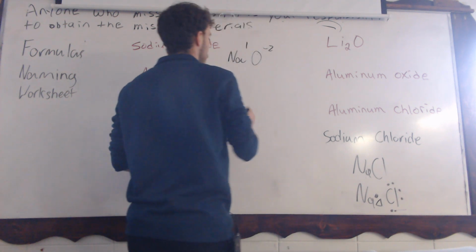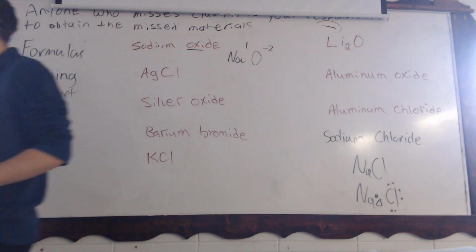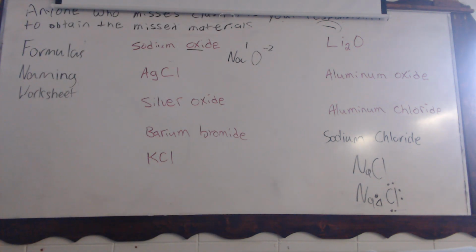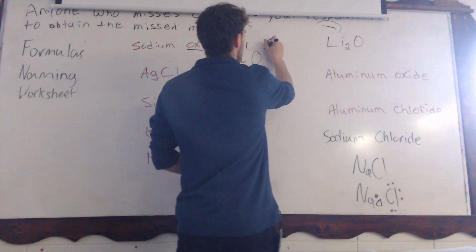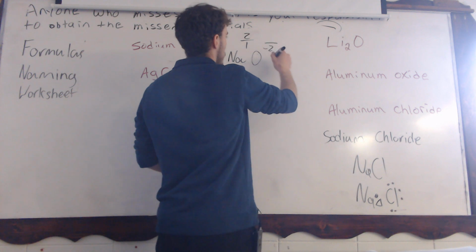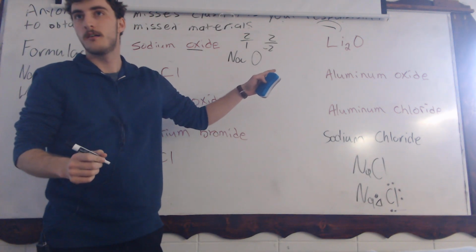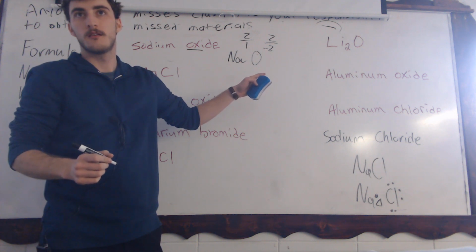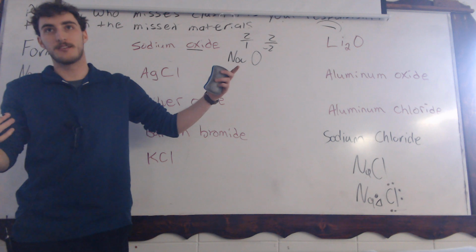Using the least common multiple. So what's the least common multiple of that? 2? Did you say 2? 2. So I'm going to go like this. 2 divided by 2 is what? 2 divided by -2. Okay, don't worry about the negative. 2 divided by 2 is what? Just 1.